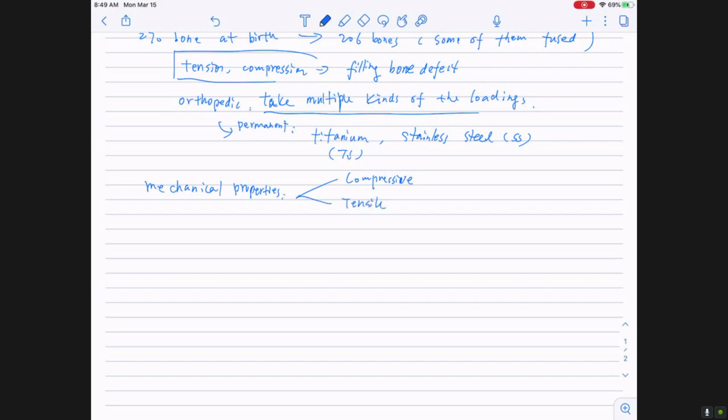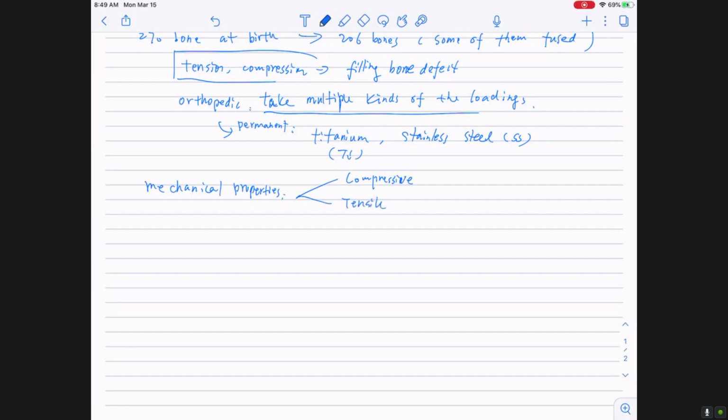and so the mechanical properties should be matched. Some other things, for example, fracture strength.